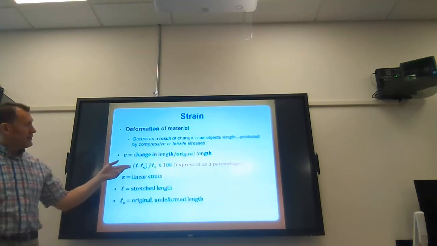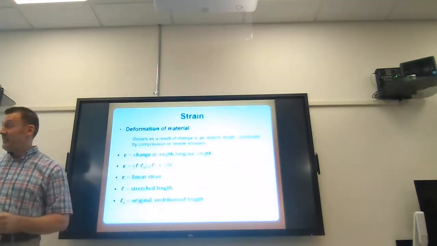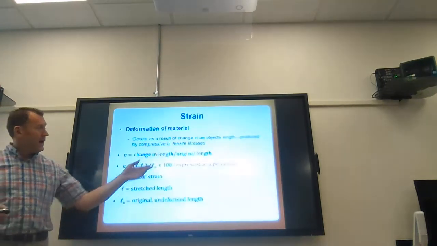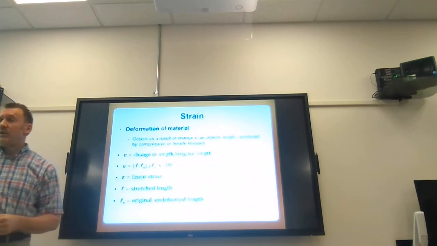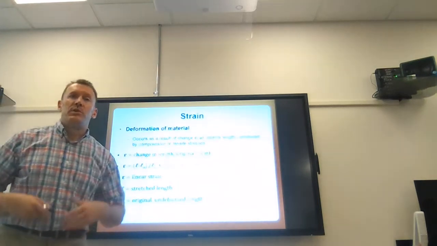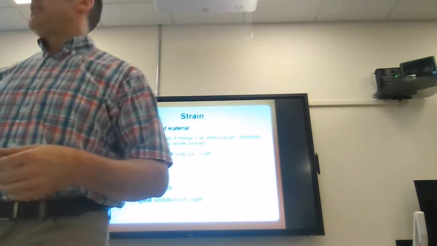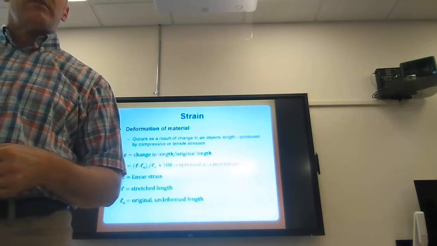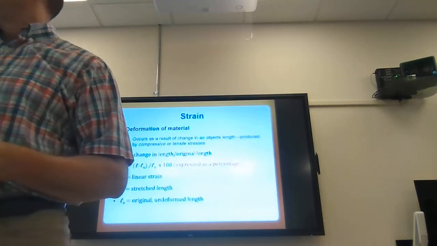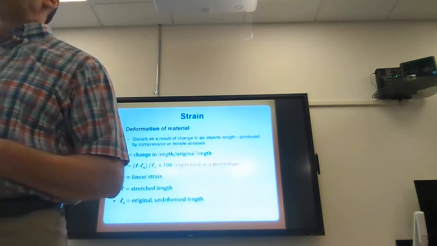You take the stretched length minus the original length, and then you divide that by the original length times 100. So you're looking at a certain percentage increase in length. That's all it is: what percentage increase in length took place.